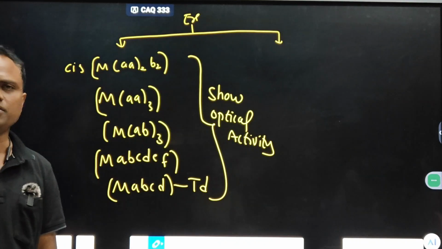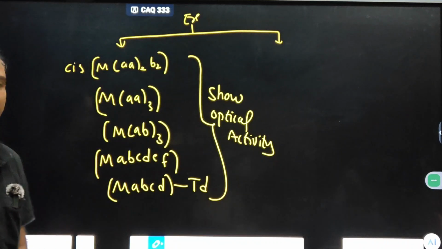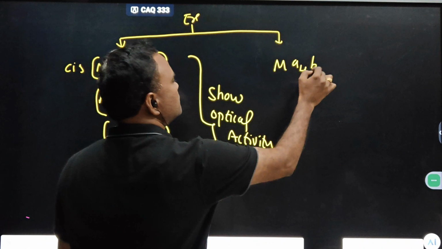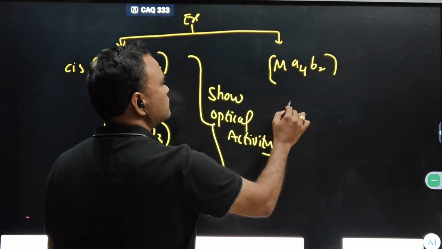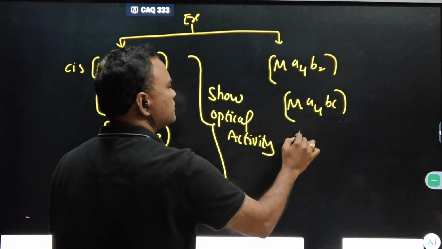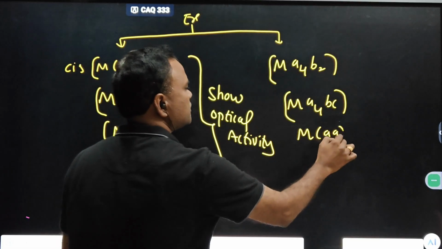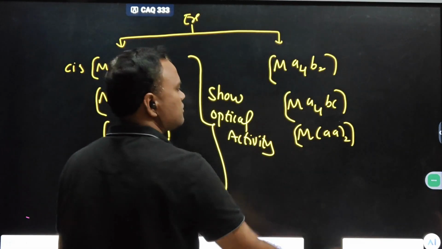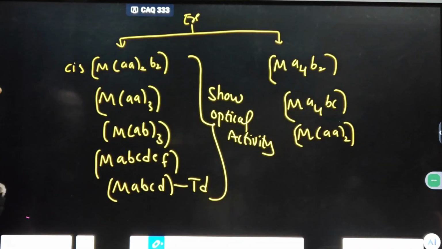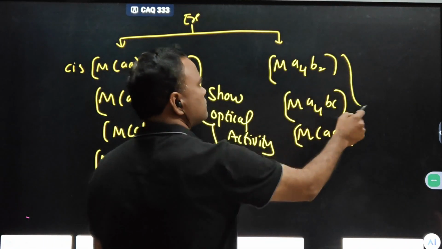Do not show category: MA4B2, MA4BC category, M(AA) taken twice category. Do not show.